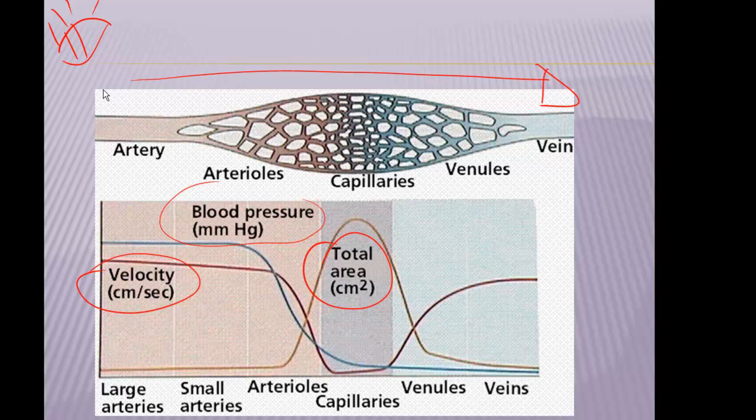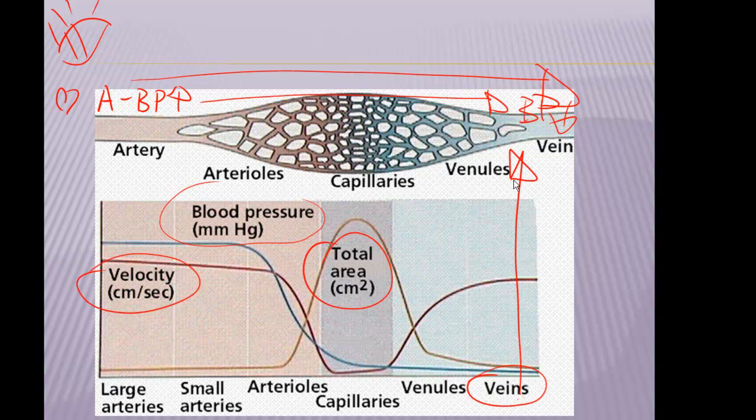So arteries, we find that they have the highest blood pressure. We already said this is due to proximity to the heart. As we move away from the heart, blood pressure drops continuously. And so as we arrive in the veins from the arteries, we see blood pressure is lowest anywhere in the body, lowest in the veins.